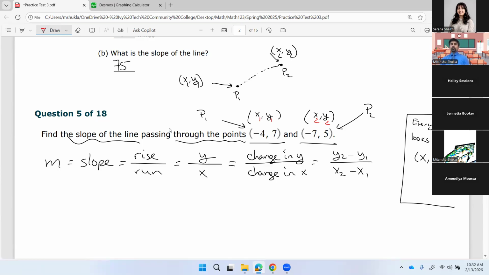Then I plug and chug. How do I find the slope? Well, it's Y2 minus Y1. For me, I labeled it as 5 minus 7 over X2 minus X1. And X2 is minus 7, minus X1, which is a minus 4, minus minus 4. Don't neglect your negative signs.